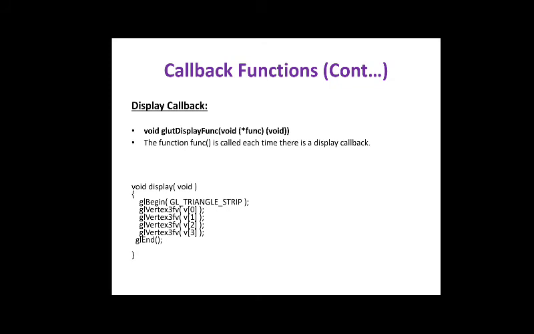So in the function I am passing another function, which is called each time there is a display callback. The command for this is glutDisplayFunc, and in brackets I am passing the display function. For this particular display I have written some program over here. So what do I need to display? This program shows that I want to display the vertices.